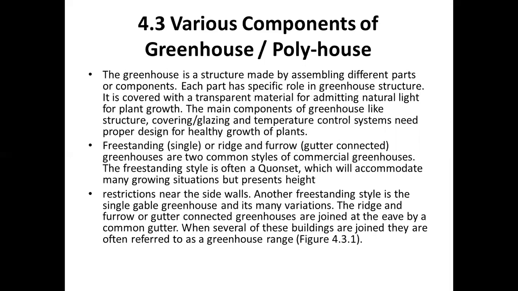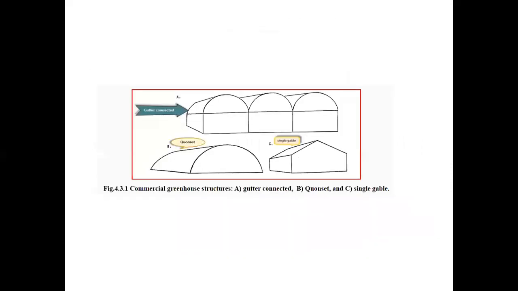The freestanding style is often quonset, which will accommodate many growing situations but presents height restrictions near the side walls. Another freestanding style is the single gable greenhouse and its many variations. The ridge and furrow or gutter-connected greenhouses are joined at the eave by a common gutter. When several of these buildings are joined, they are often referred to as a greenhouse range.